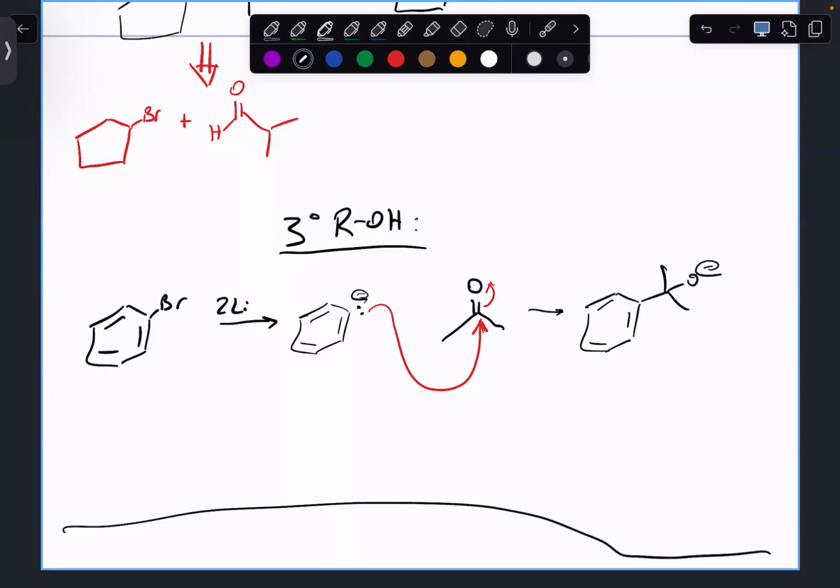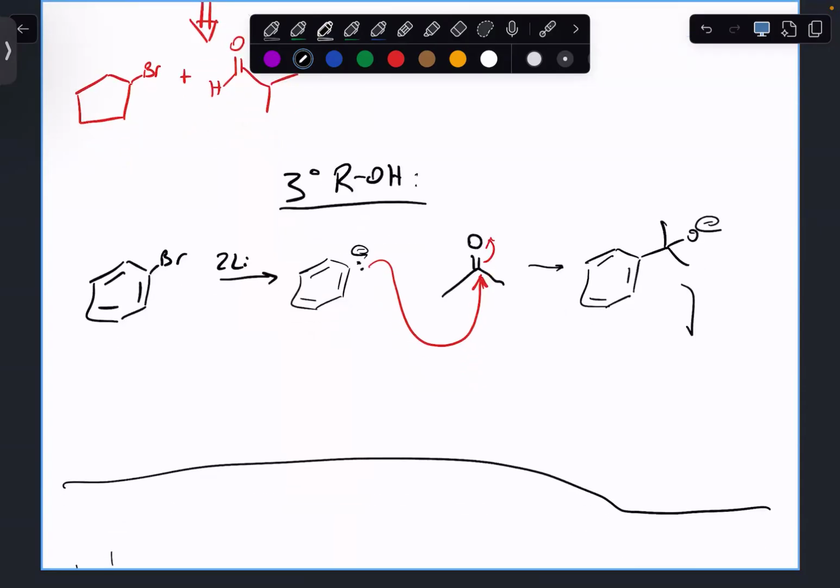We'd get an alkoxide intermediate that looks like that. And then upon protonation, you get the tertiary alcohol.